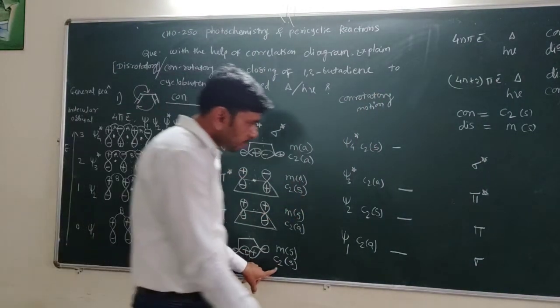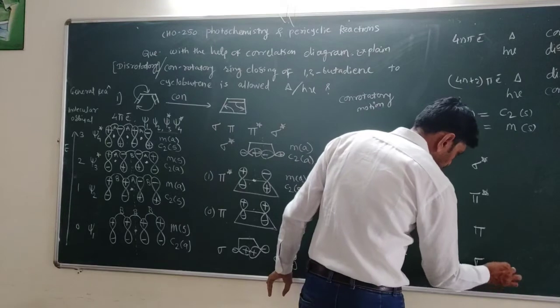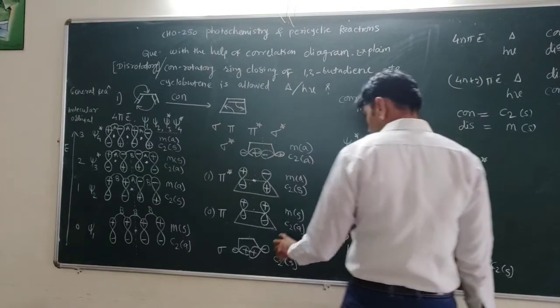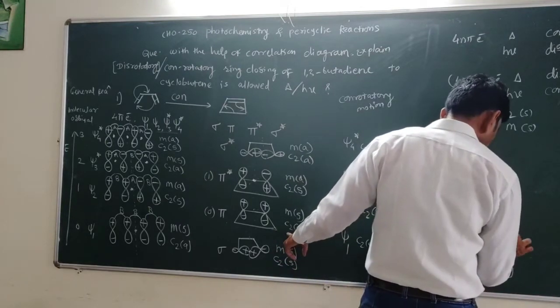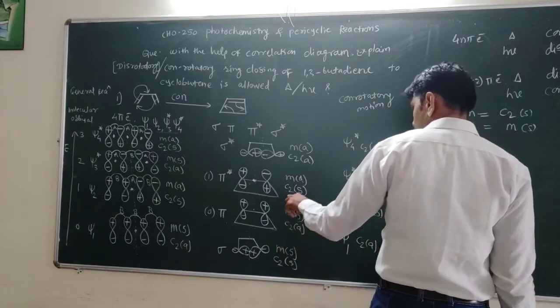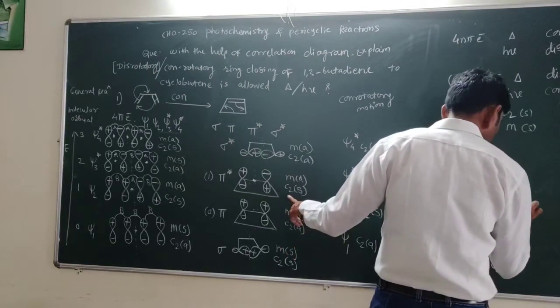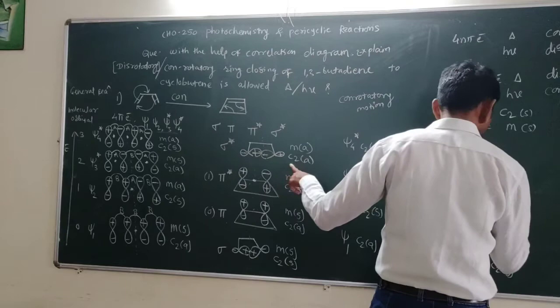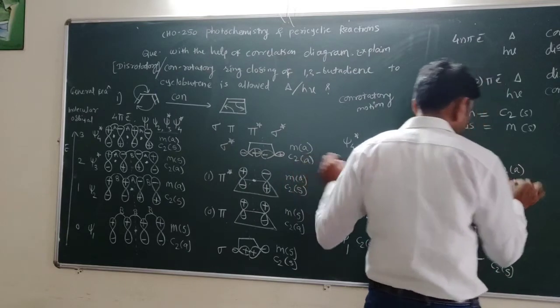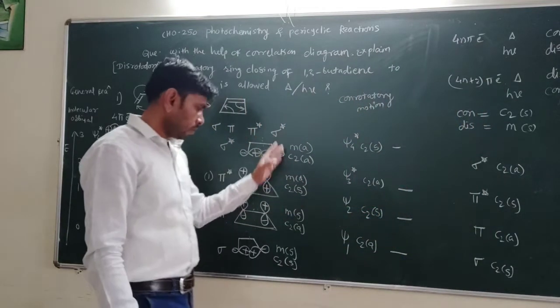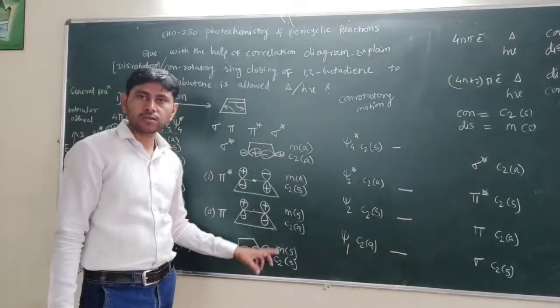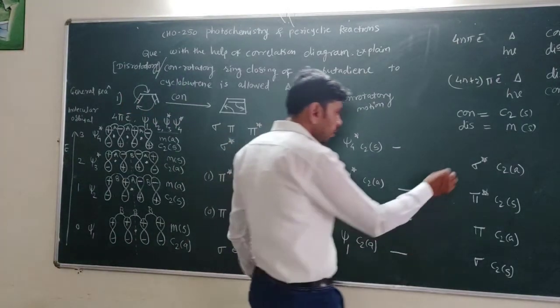See here C2 symmetry, for this one C2 asymmetry, here C2 symmetry and here C2 asymmetry. So draw the C2 symmetries for the product also. Now we have to correlate.